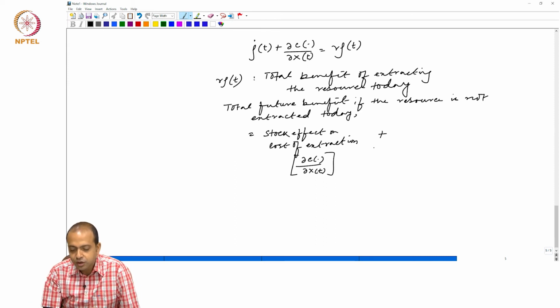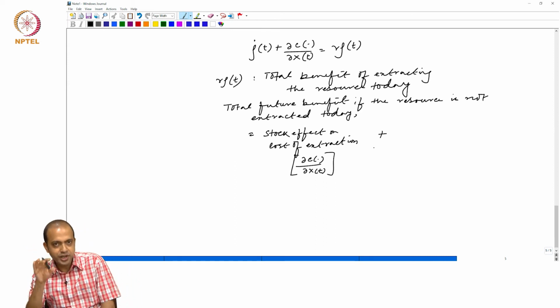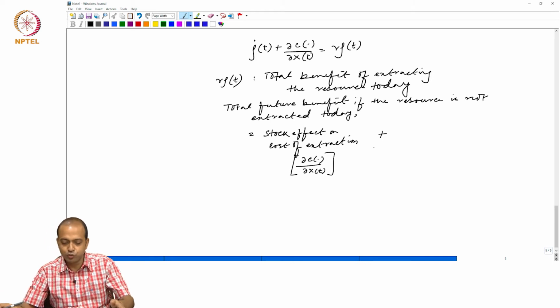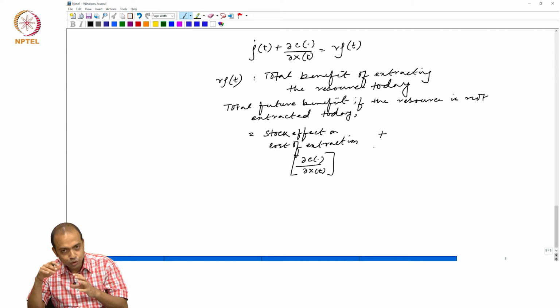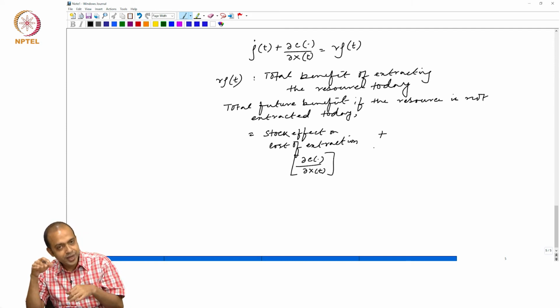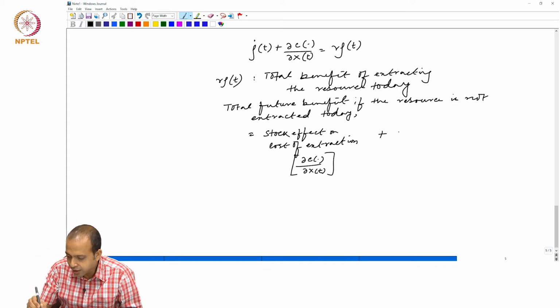Plus there would be another benefit. If I do not extract the resource today and keep it for tomorrow, there would be another benefit. What is the benefit? Tomorrow we may expect that the price of the resource will increase. So, that is called capital gain.